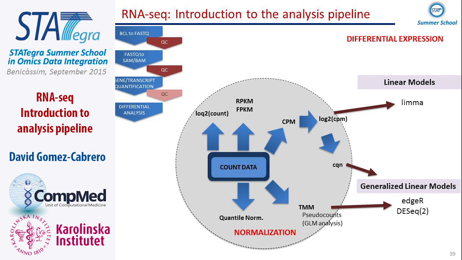We will talk later about that. I think I need to start kind of closing a bit. But this is something we are going to try in the hands-on session: the limma model using a voom correction. Then we have generalized linear models coming either from TMM or from the CQN, and then I will talk about them. Those are the two options.